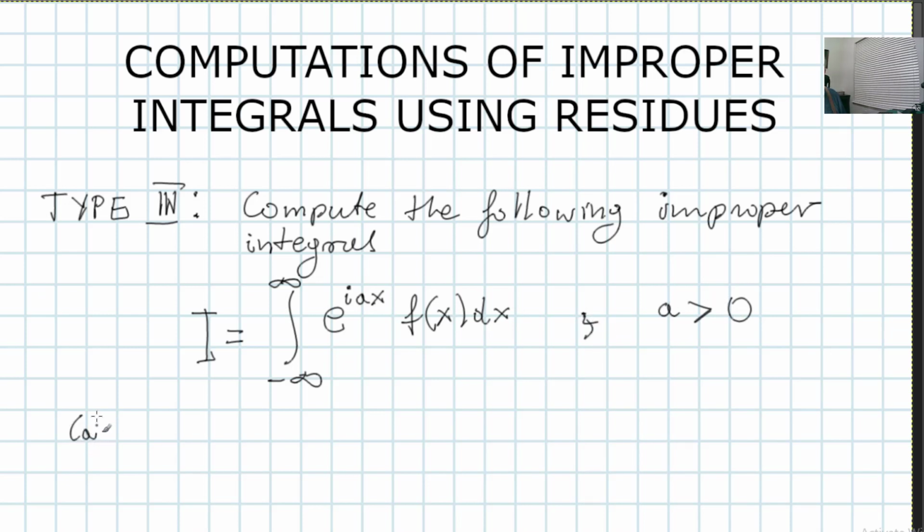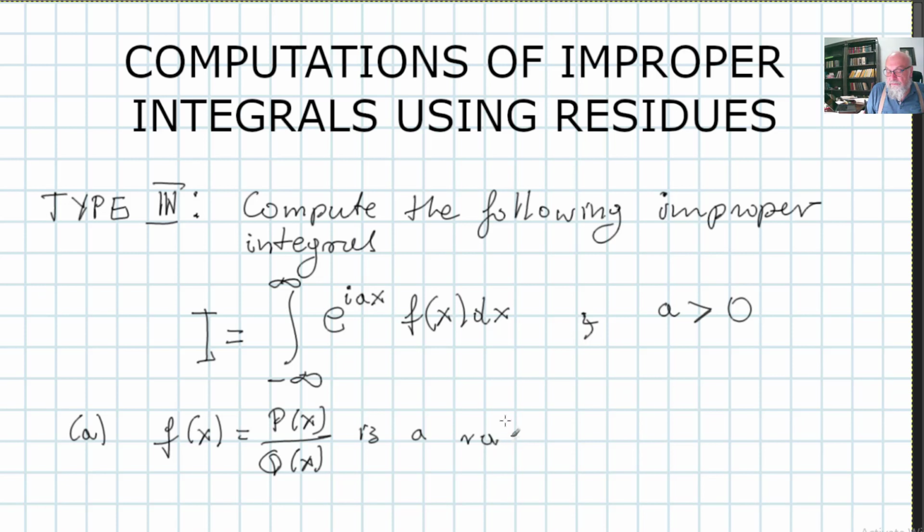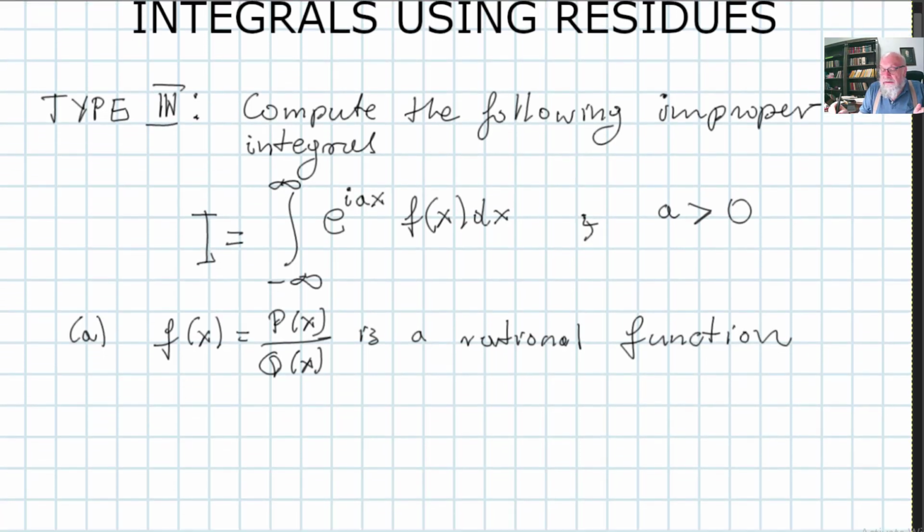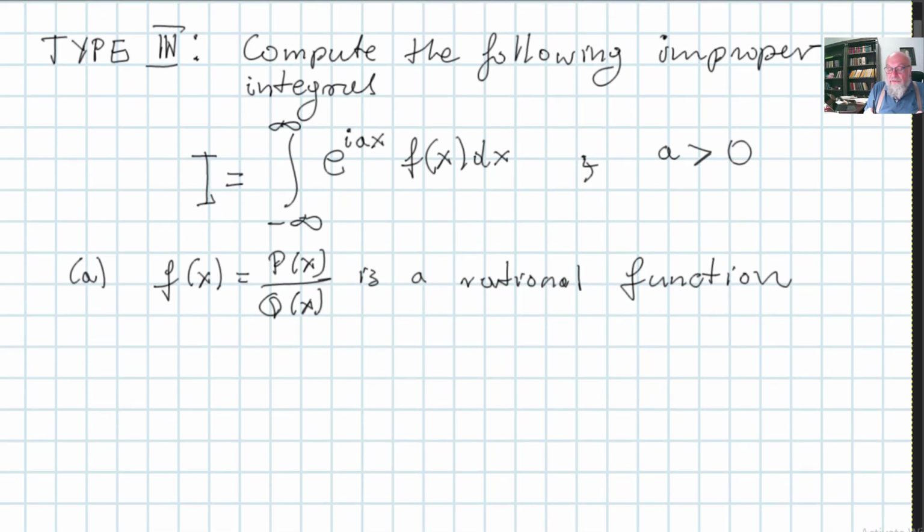And we have the following assumptions. The function f of x, which I'll write simply as p of x divided by q of x, is a rational function, and of course p of x and q of x are polynomials.